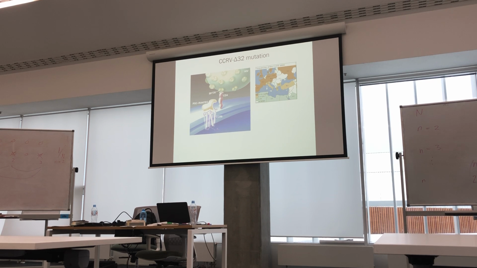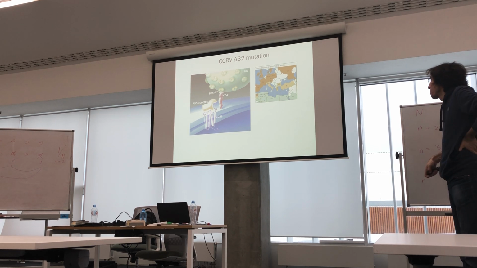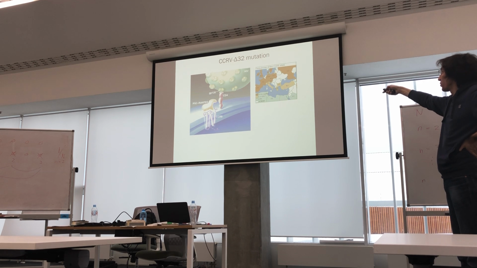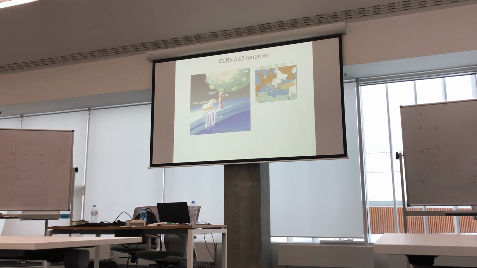If an individual is homozygous with respect to this mutation, he or she is apparently, as far as we know, completely protected from HIV of this type, the HIV which uses this co-receptor for entrance into the cell, although not against the HIV of the other frequent type, which is called X5.